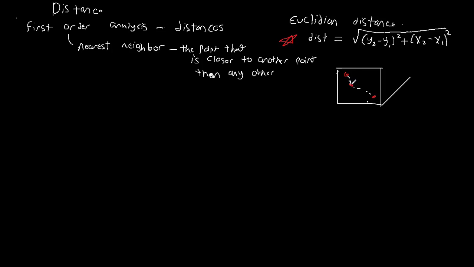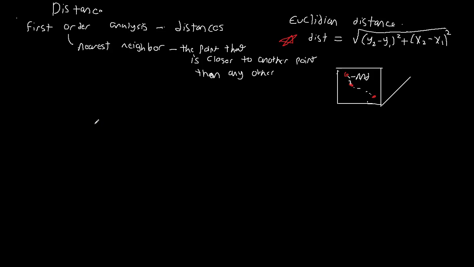In this case, the distance from here to here is a lot shorter than the distance from here to here. So this distance would be the nearest neighbor distance, and I'm going to use NND for nearest neighbor distance. Hopefully that makes sense, because this is an important concept. Again, the nearest neighbor distance is the distance to the closest point from that point.